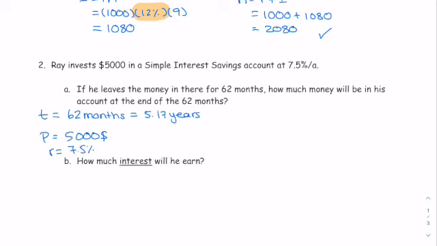And then we have our equation: $5,000 times 7.5% times 5.17 years gives you $1,938.75 made in interest. And then we want to know how much at the end he's going to have.